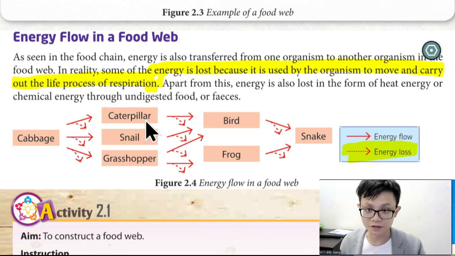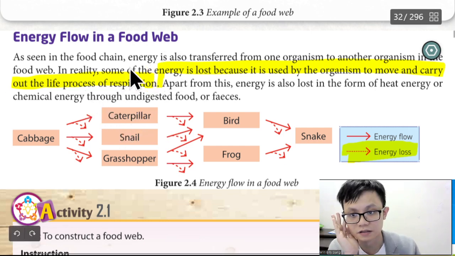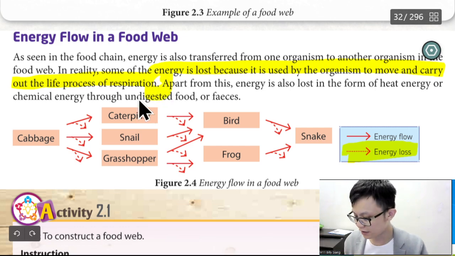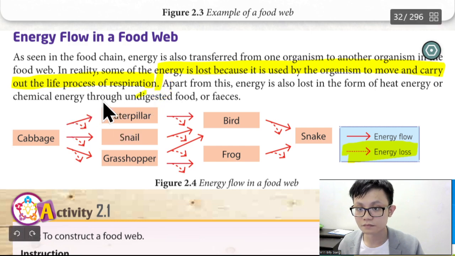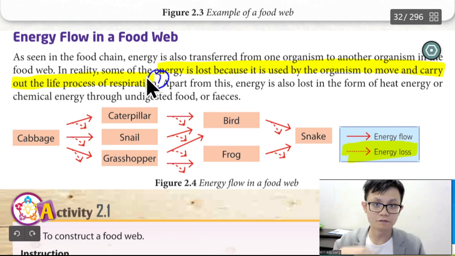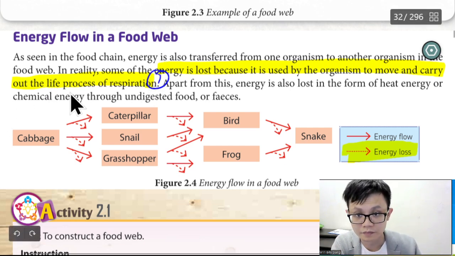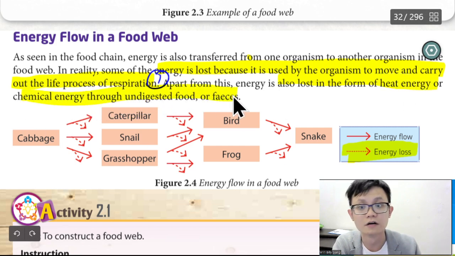If the question asks 2 marks, I don't think it will, because it's quite difficult. But if it is 2 marks, also energy is lost from the heat energy or chemical energy through digested food or feces.